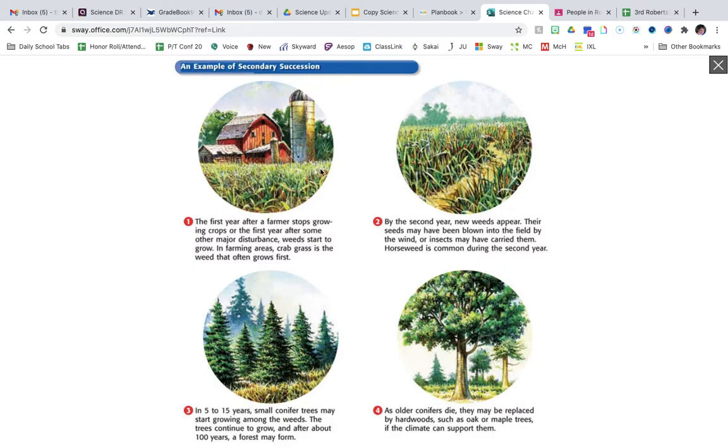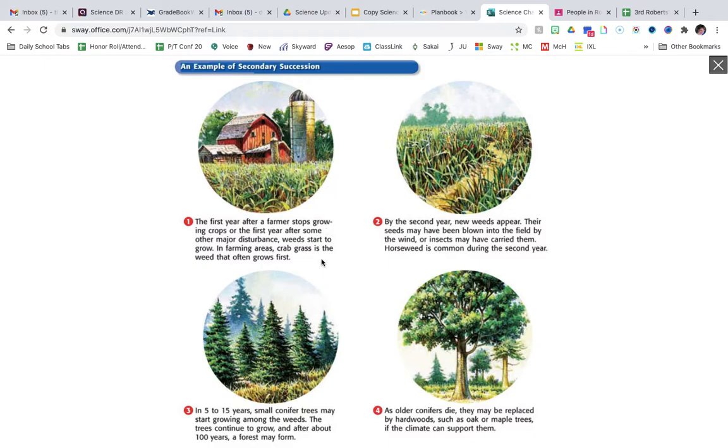So this would be the first year after a farmer stops growing crops, or the first year after some major disturbance, such as the fire or volcano. Weeds start to grow. If you've looked outside in your mom's flower bed, you know that weeds can grow pretty much anywhere. And they will do better than anything else that's growing there.